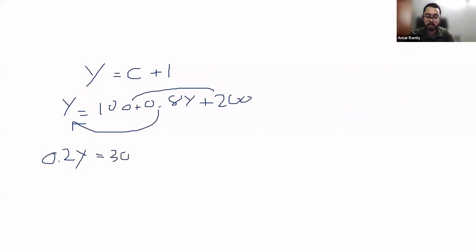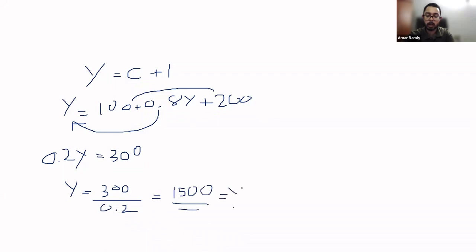Then simply divide: 300 divided by 0.2 gives you 1,500 as your income. This is the value of Y.